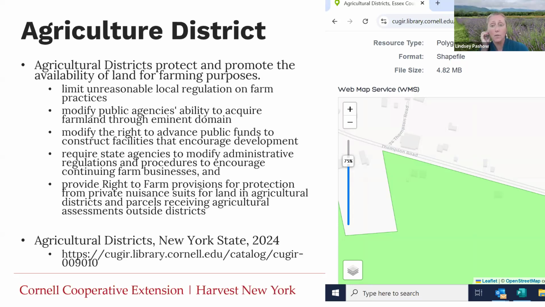I pulled this up of where my property is. I can tell from this, my parents' house, and then all in the green is my farm. So if you're wondering if you are in an agricultural district, this website below will show you exactly where in the state your agricultural district is.